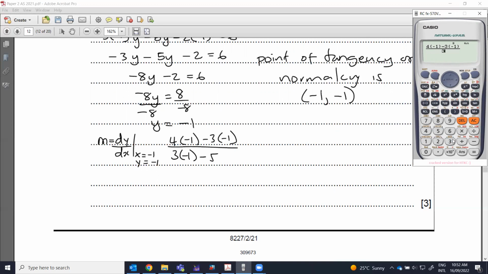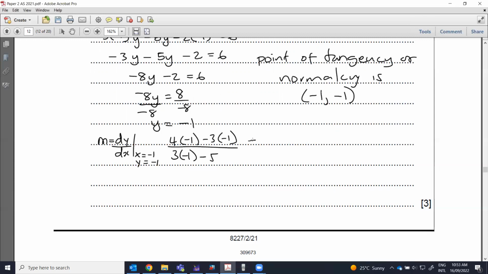The denominator 3 open brackets -1, then -5. So this is 1 over 8. Okay, so this is the gradient of the tangent.